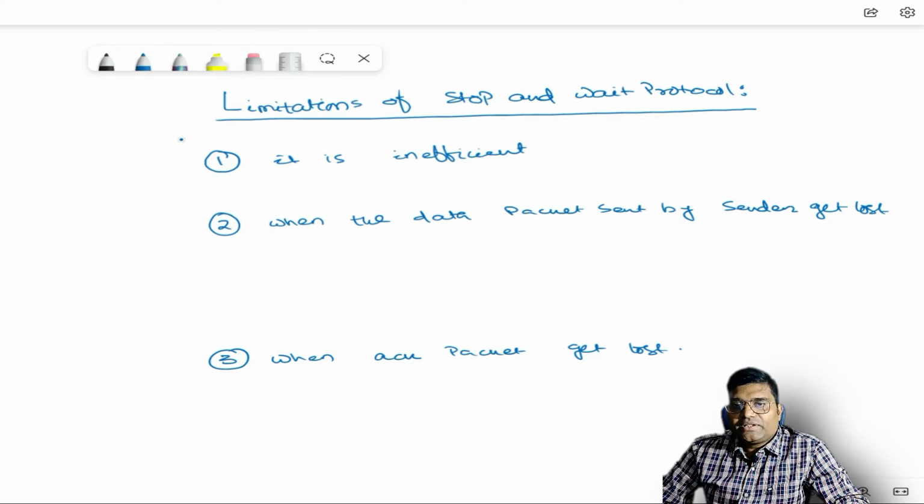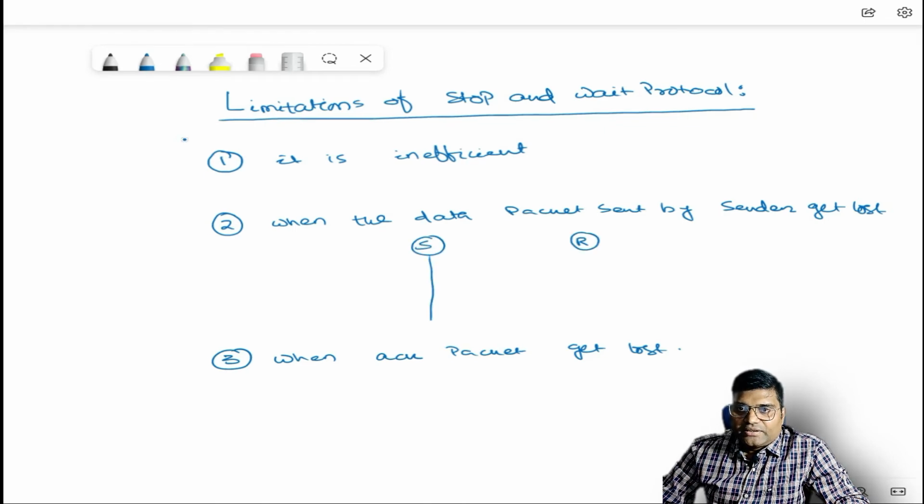The second limitation is when the data packet sent by the sender gets lost. Let us consider this is the sender and this is the receiver.